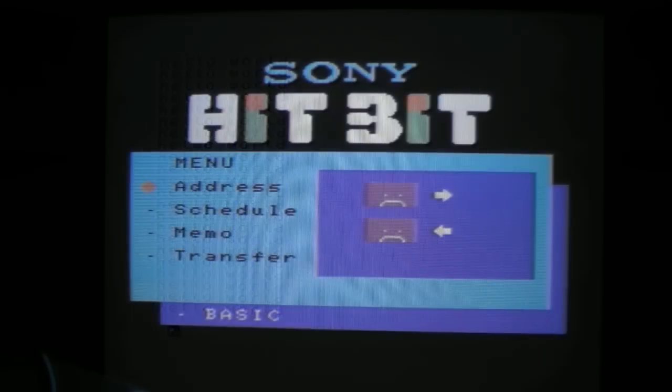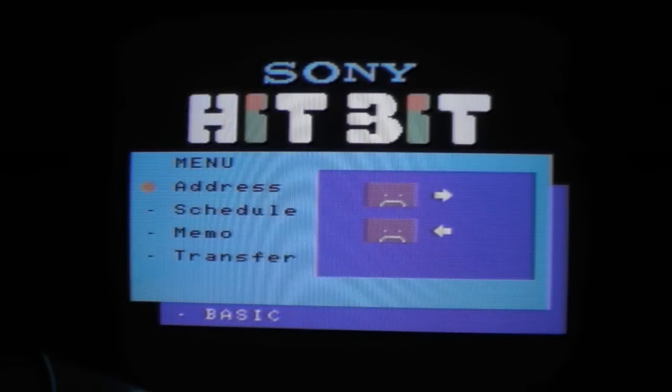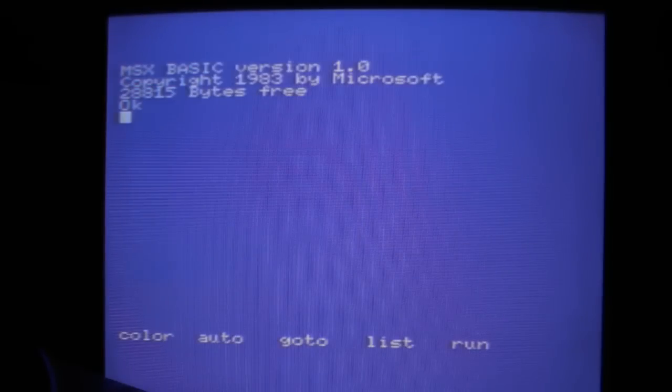I haven't found a place for the MSX, and okay, that's the MSX machine. My Sony one has this built-in menu. And this is the default startup message with a measly 28K of memory.